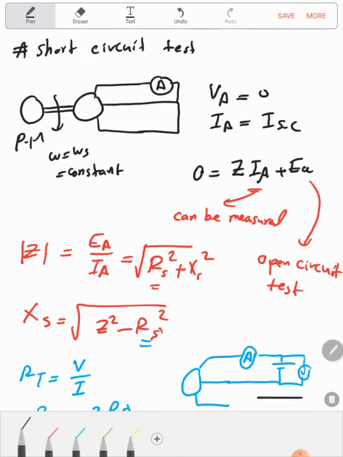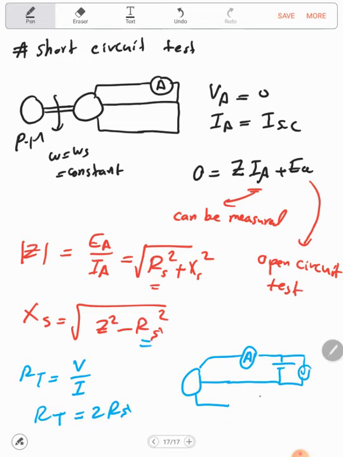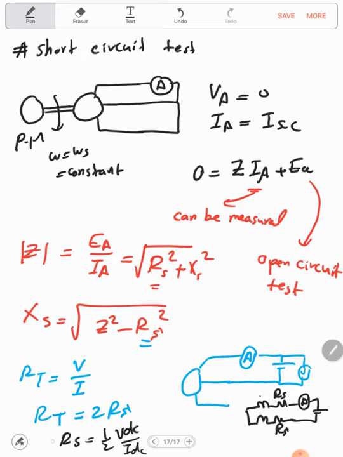If we plot it here, this will be RS, this will be RS. So now RS will equal 1 over 2 VDC over IDC.